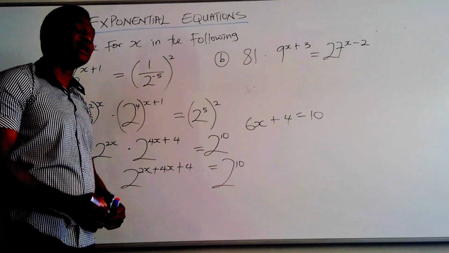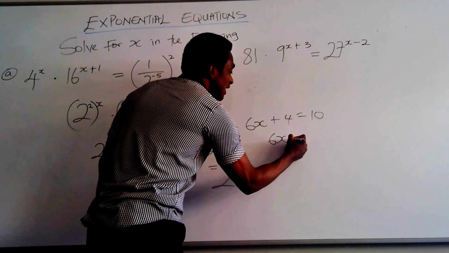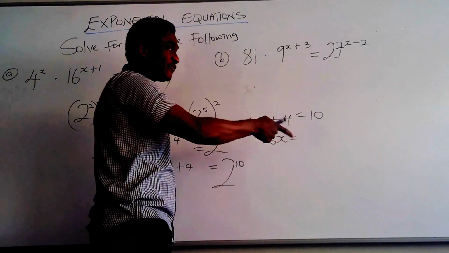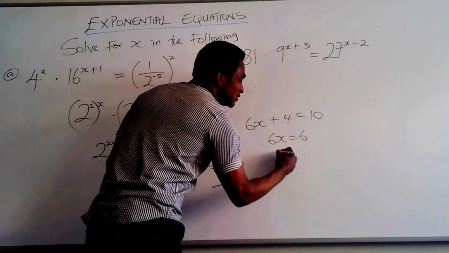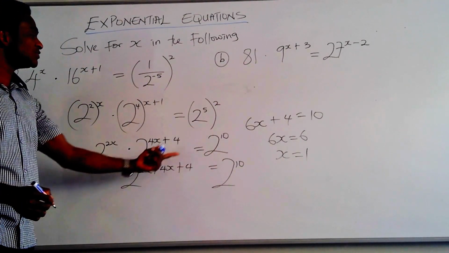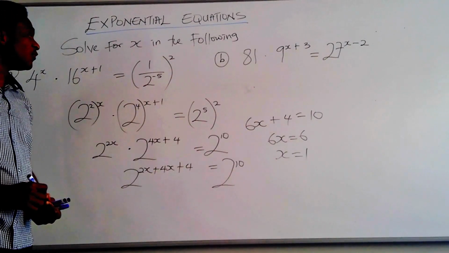Now we collect terms and solve for the unknown. So I have here 6x, and then here I have 10. The 4 crossing over to meet its brother becomes negative 4. 10 minus 4 is 6. So x is equal to 1. So solving this equation using the laws of exponents, we get x as 1.